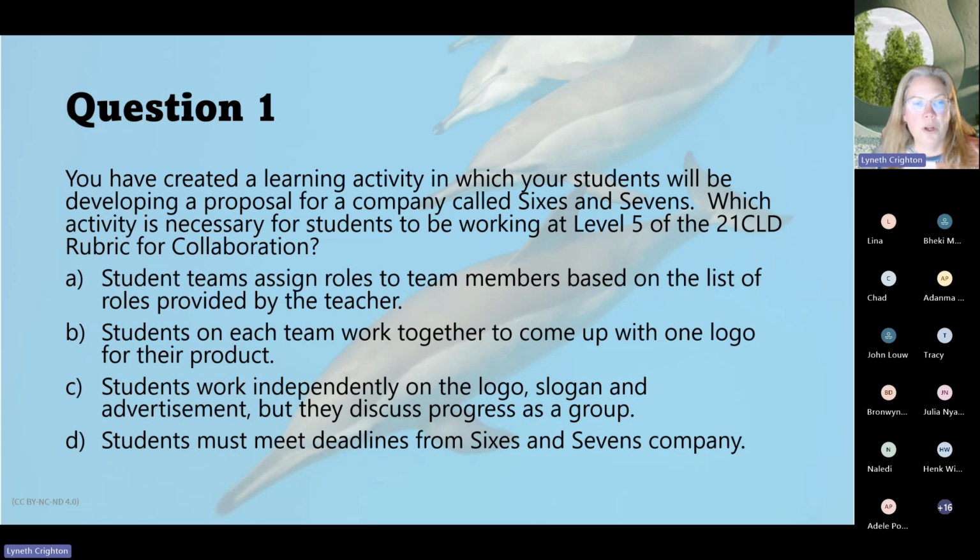The students work as a team to come up with one logo for their final product. They work interdependently on the logo, slogan, and advertisement, but they discuss progress as a group, or they meet deadlines from the 6s and 7s company.